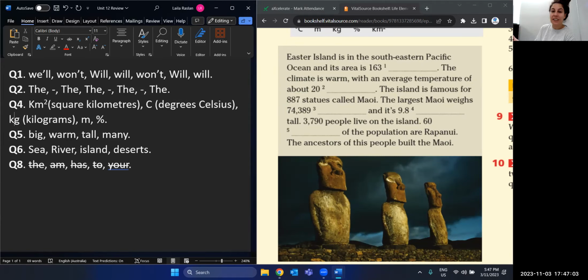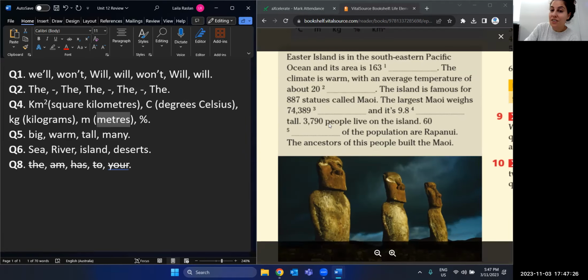And it's 9.8 meters. So again, we can write M, but we really say meters. Take notice of the spelling. We use the British spelling, not the American spelling. So just take notice of how we spell it, meters. 3,790 people live on the island, 60%.